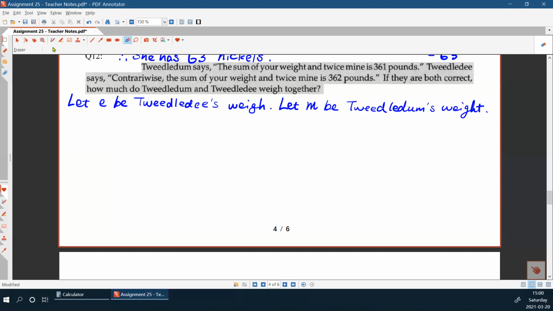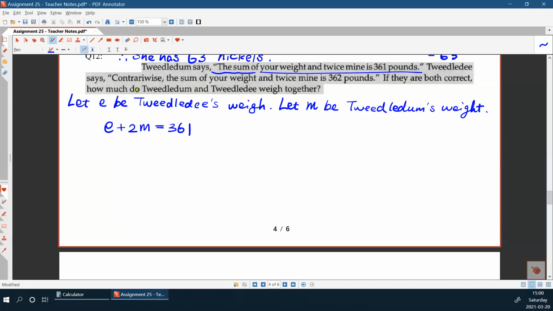Let's see what we know from the English expression. First of all, we know that E plus 2M, this is the first expression, is 361.